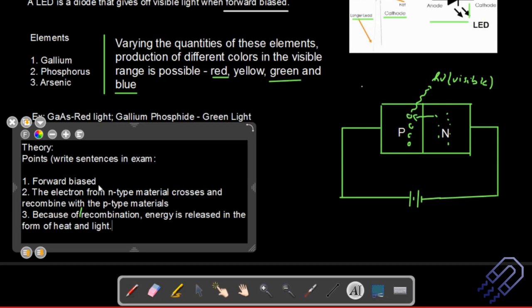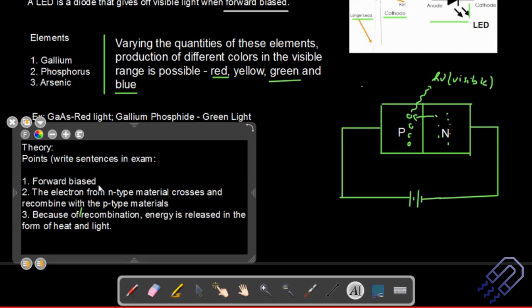We are interested more in the light part and not in the heat part. If we consider something like germanium or silicon, most of the released energy is in the form of heat.